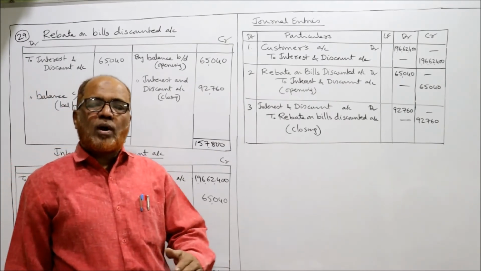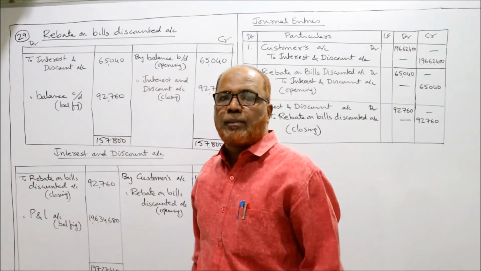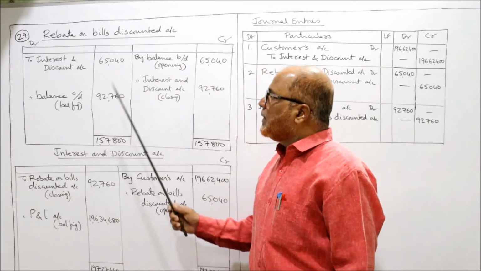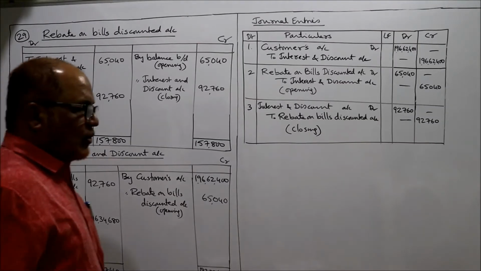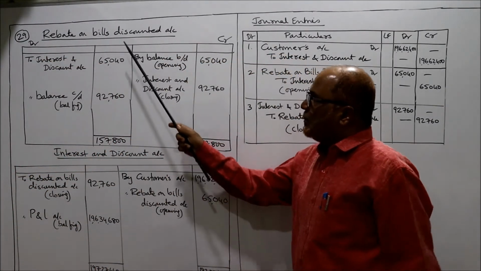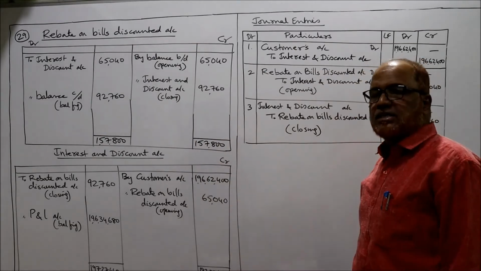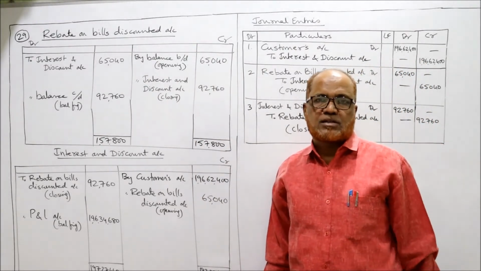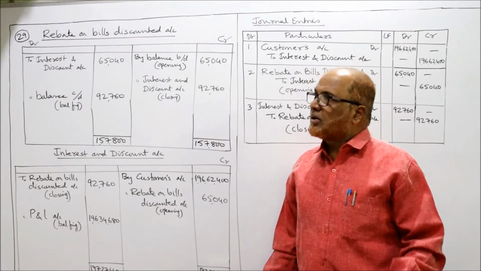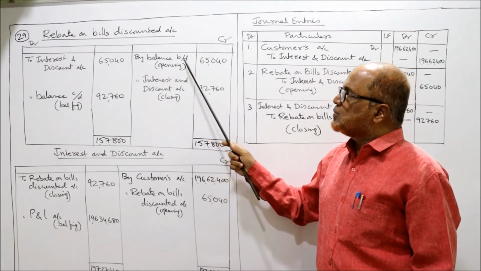Now we are required to prepare the ledger account, rebate on bills discounted account. Opening rebate 65,040. So we are required to make the rebate on bills discounted account and interest and discount account. First of all, we take the opening balance of rebate. Opening balance of rebate will be taken on the credit side, balance brought down.